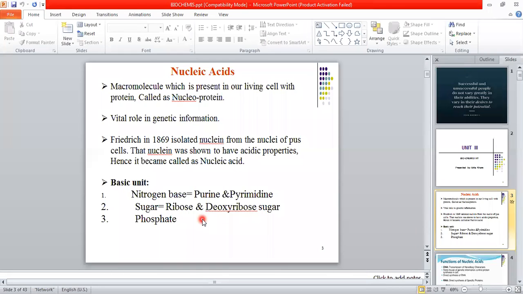Next, based upon their names, we have to look at the chemical structure of ribose sugar and deoxyribose sugar.